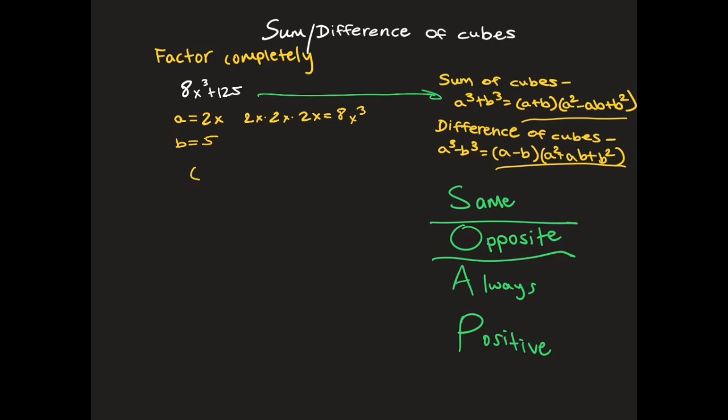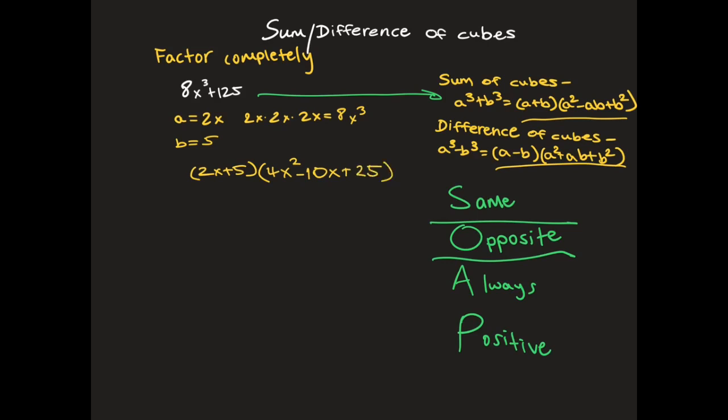So that means A plus B, 2x plus 5, times A squared. So if A is that, it would be 4x squared, minus 10x, and then B squared, so 5 times 5, plus 25.